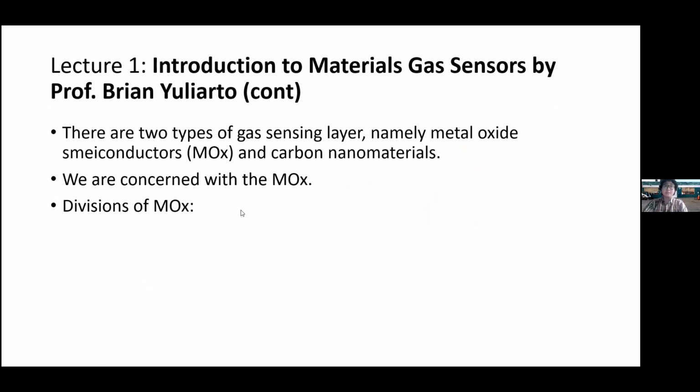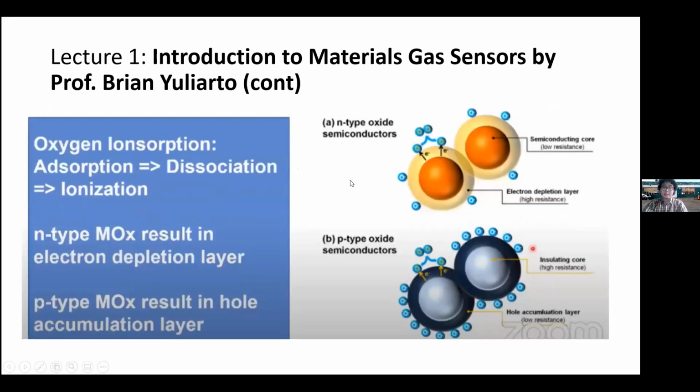Before we talk, there are two types of metal oxide semiconductors, namely N-type oxide semiconductors and P-type oxide semiconductors. The N-type semiconductor has a semiconducting core with low resistance and, on the outside, an electron depletion layer which has high resistance.